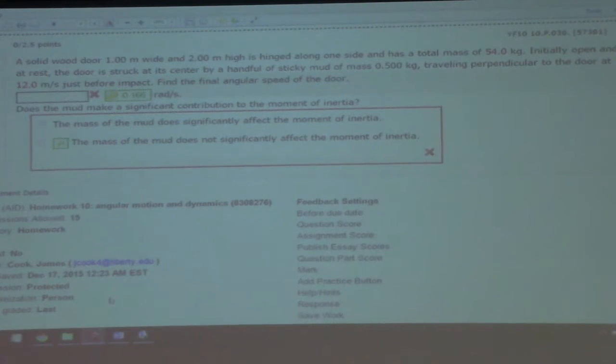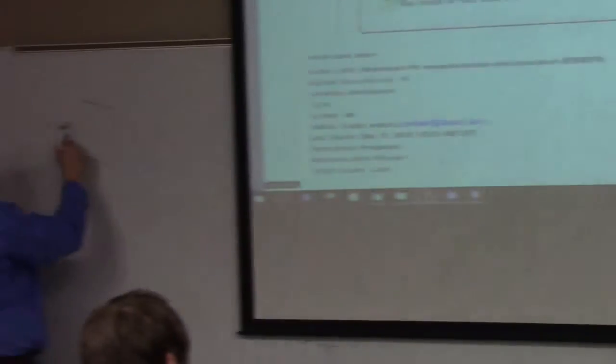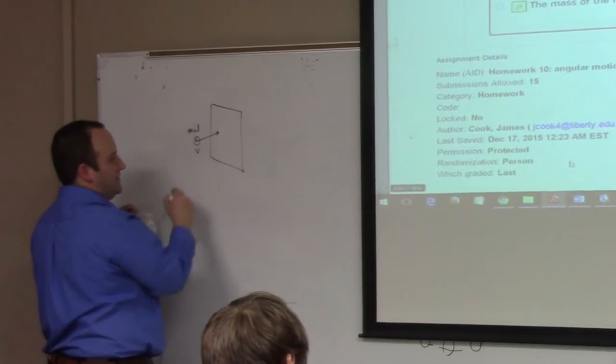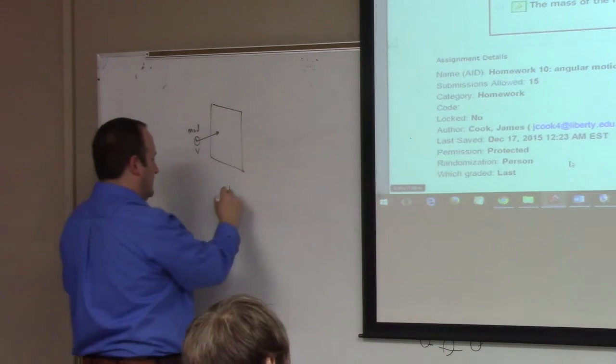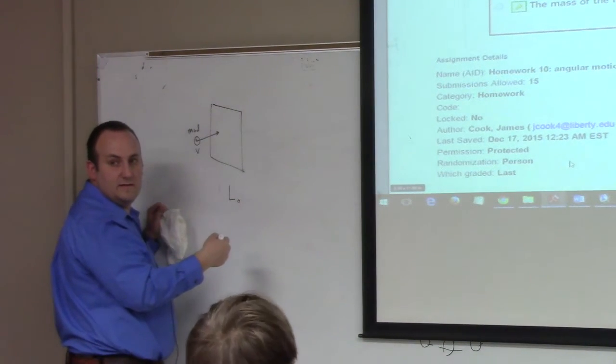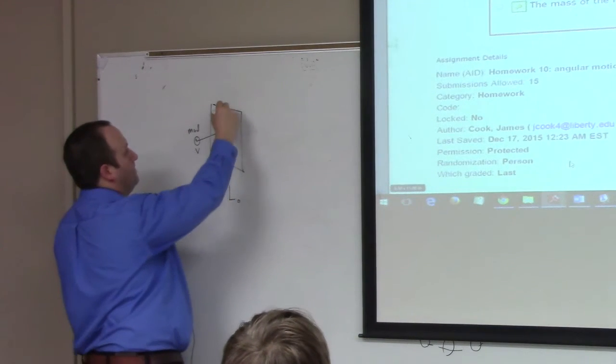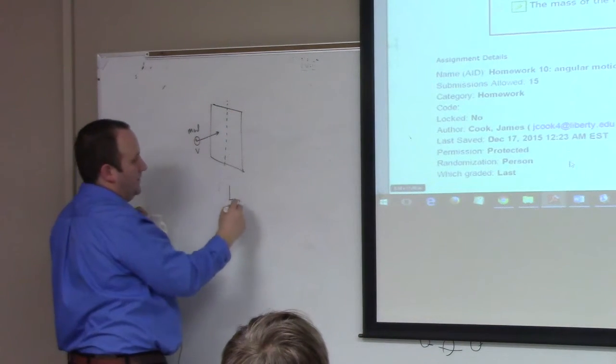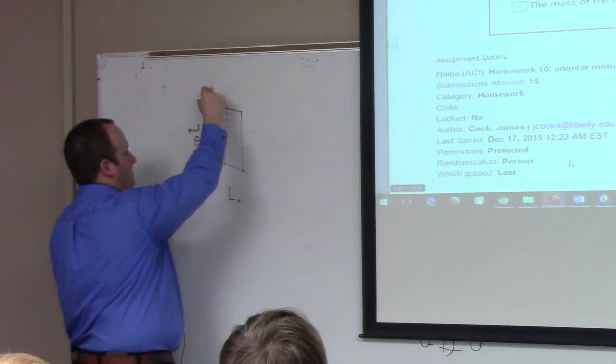So you can imagine the door, right? And then right before it, there's a mass of sticky mud with some velocity. So the question: what's the initial angular momentum of the mud? So this is the pivot, right?